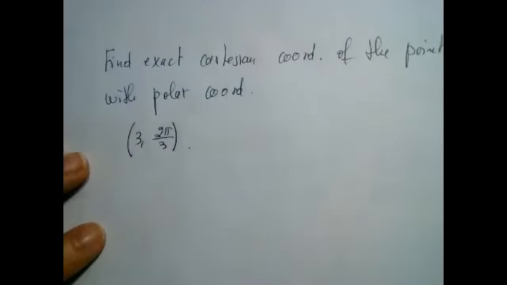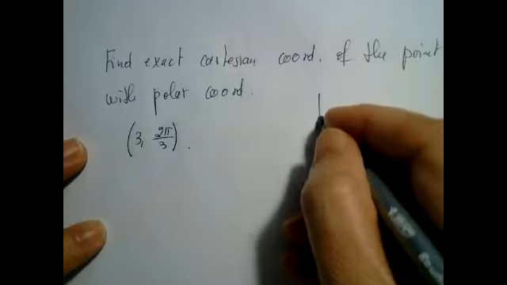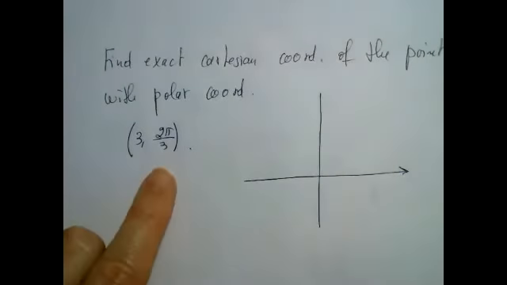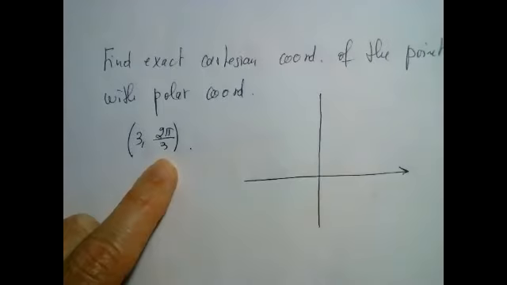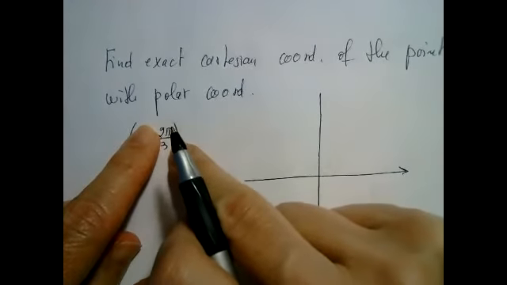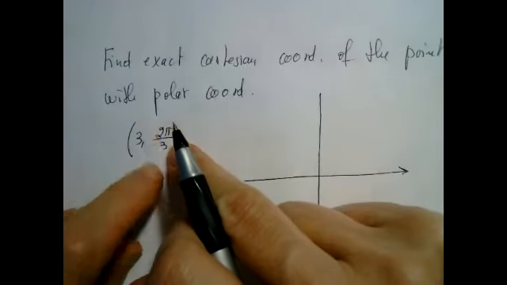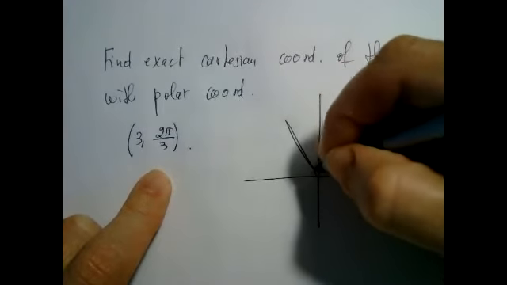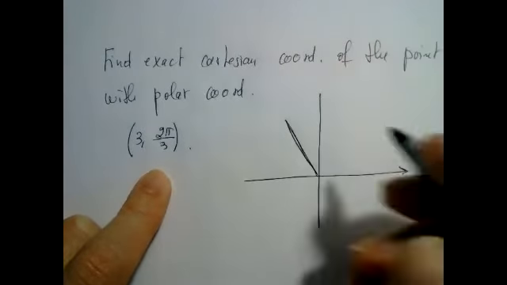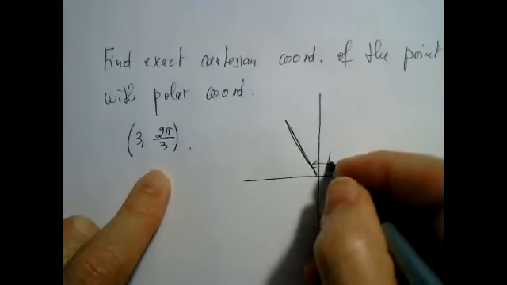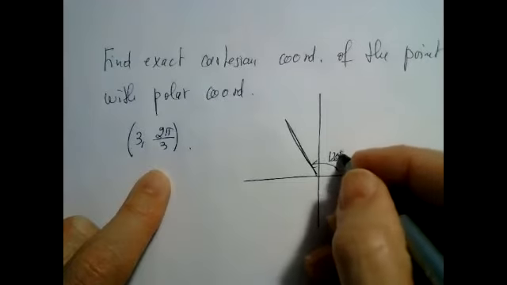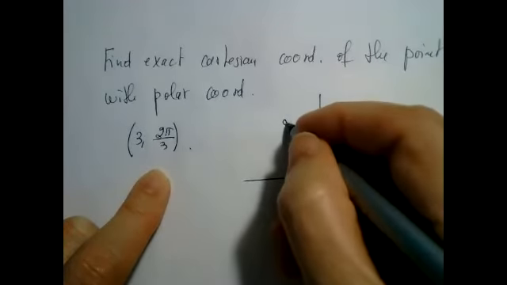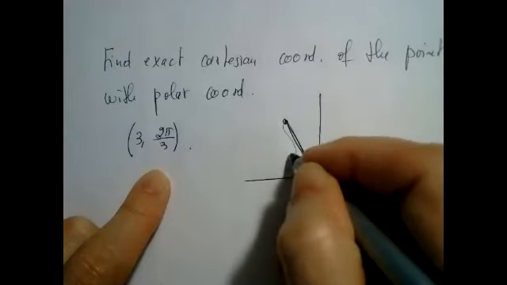First, I always like to draw the point because it's helpful for me. So it's 2 pi over 3. Now pi over 3 is like 60, so that's going to give me 120. It's nice to know exactly where I am working. So this is 120 from here, or 2 pi over 3, and we are 3 units away.